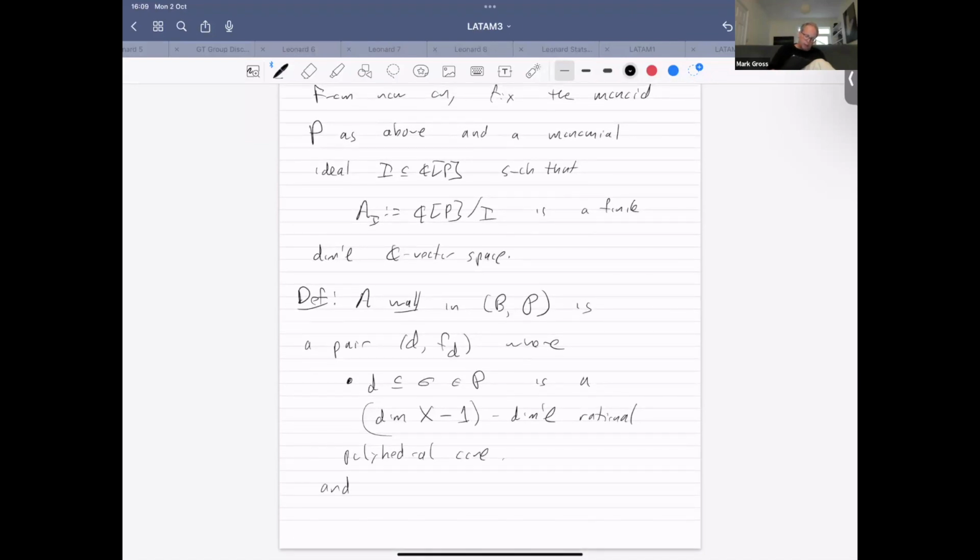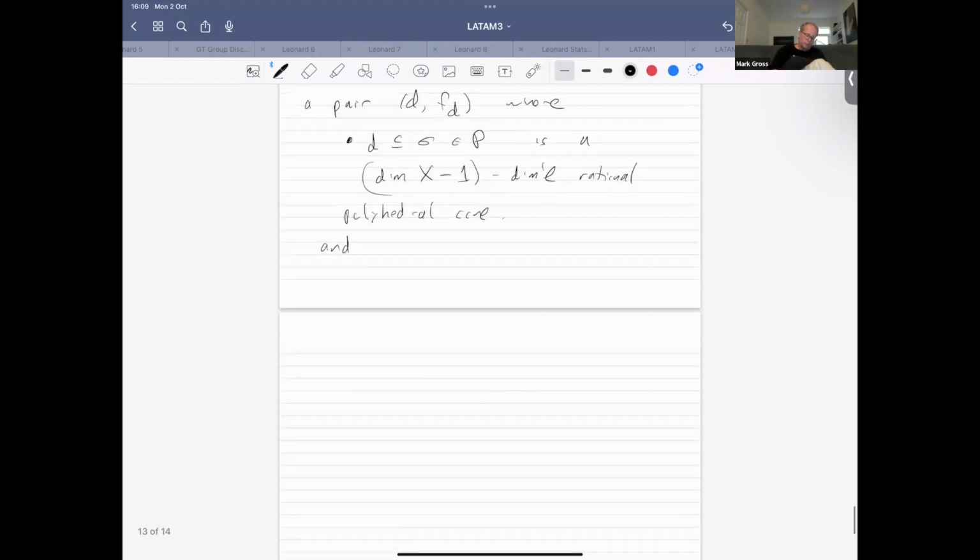And what's f_D? f_D is a polynomial of the following form.